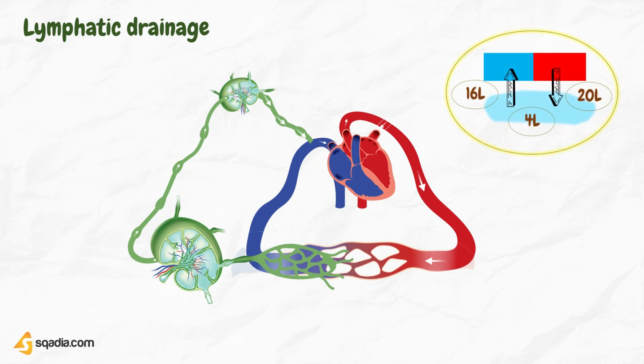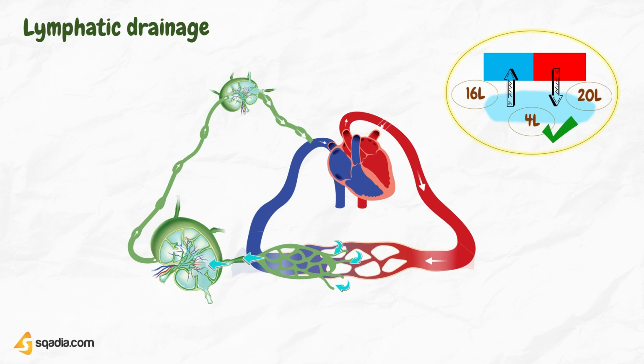And during microcirculation, when 20 litres of fluid is filtered, but only 16 litres get back in, the remaining 4 litres is absorbed by the lymphatic capillaries through the expansion and compression phase, as we have just seen. Lymph then enters the large collecting vessels.